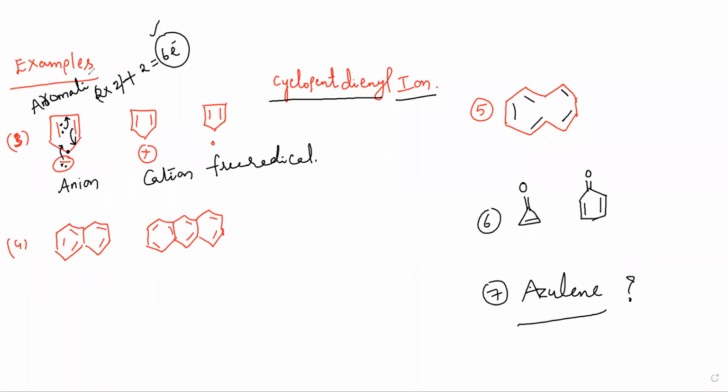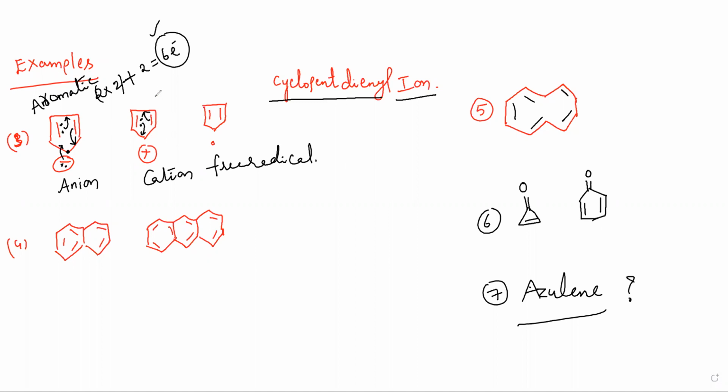Now coming to the second one, this one. Here conjugation takes place since the positive charge is there. The double bonds are located so that they make conjugation with the positively charged cation. So complete conjugation is happening, but it doesn't have 6 electrons or 2 electrons.